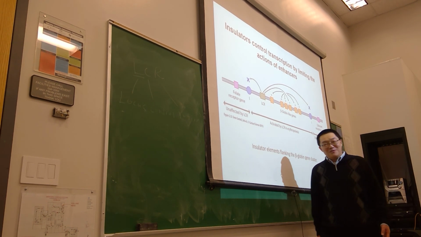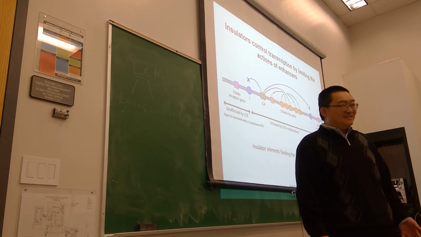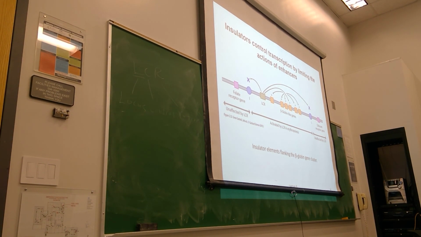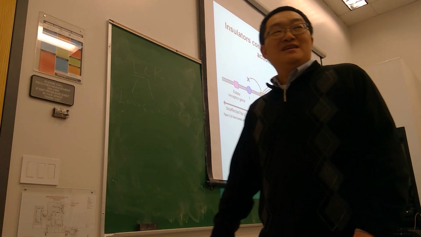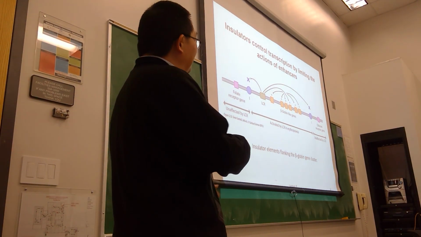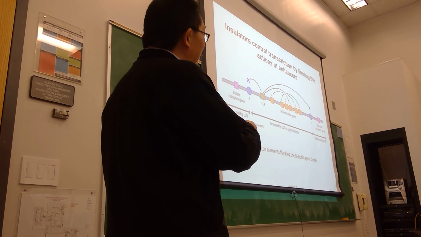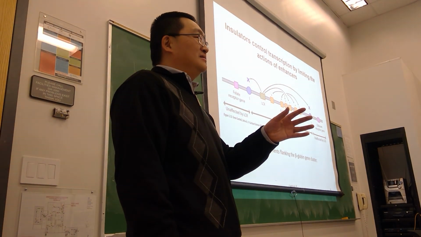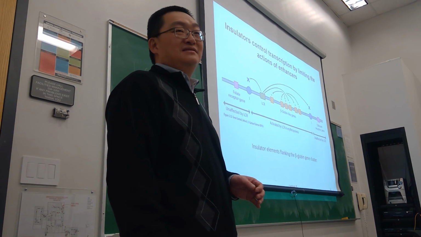So maybe you have an enhancer, you have a promoter, you want to transcribe a gene. Why does one RNA polymerase only transcribe 1 gene, not 2 or 3 genes? For example, they only transcribe a specific region. They don't go far beyond into another gene.